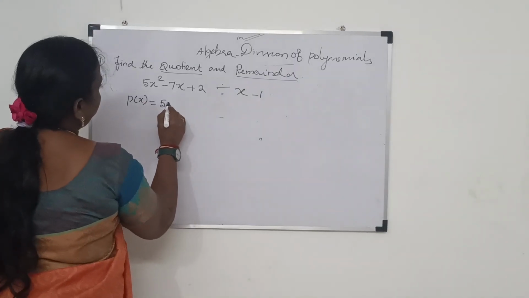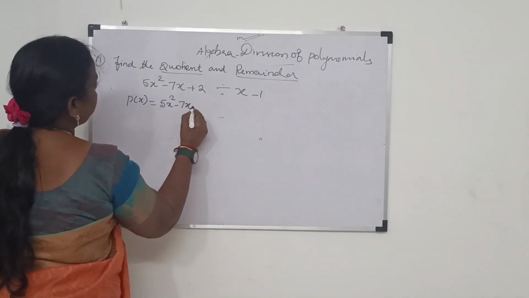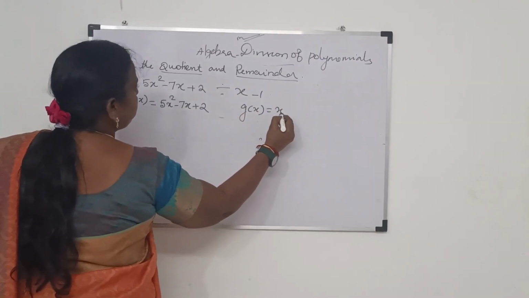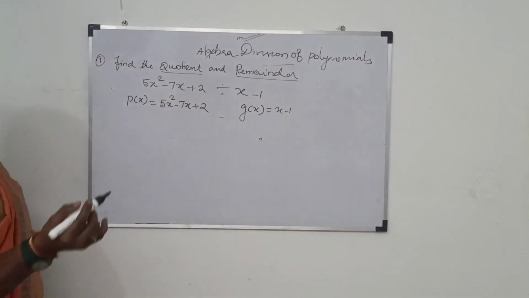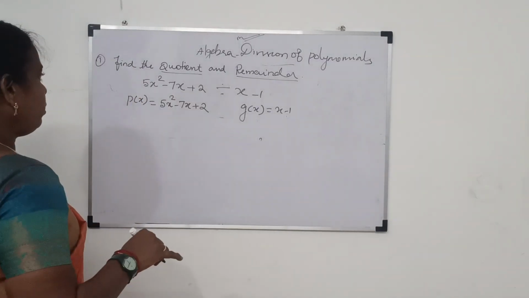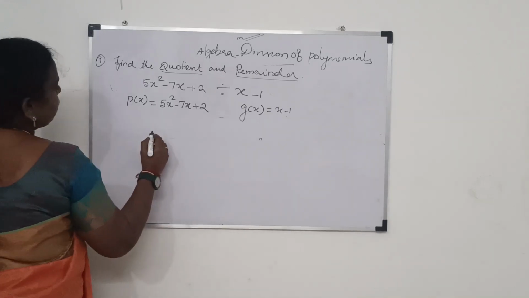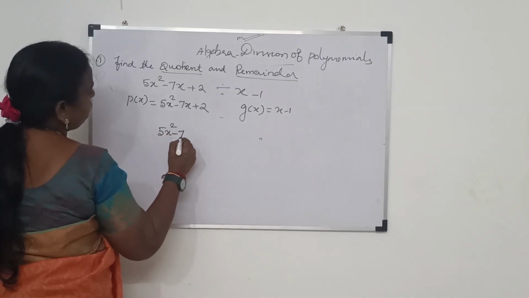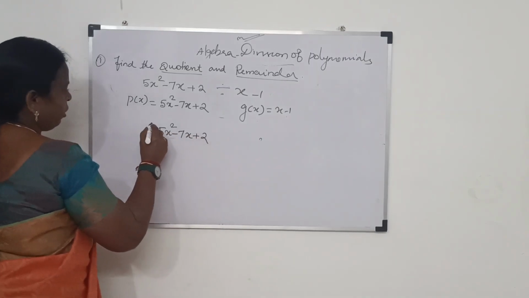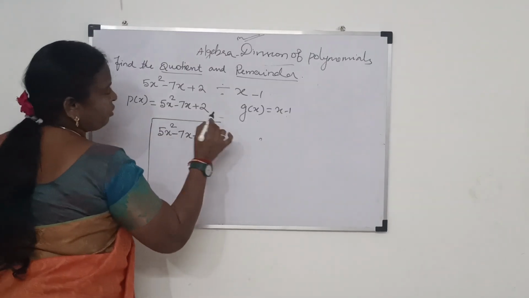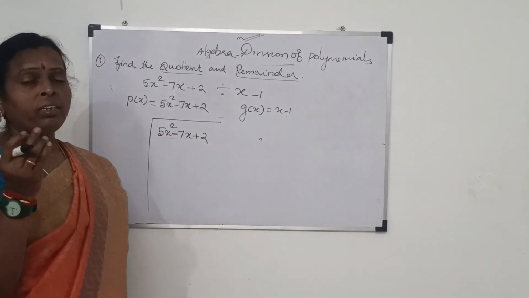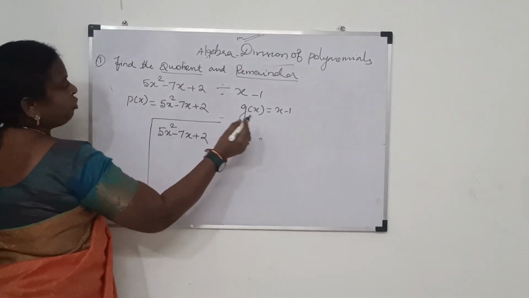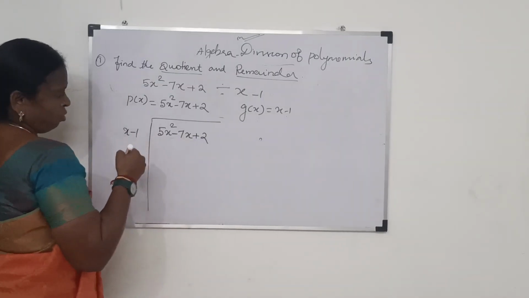So p of x is 5x square minus 7x plus 2. Let us take g of x is equal to x minus 1. So we can do this by the normal division method. This can be written as 5x square minus 7x plus 2 divided by x minus 1, like normal division, but instead of numbers we are dividing polynomials.